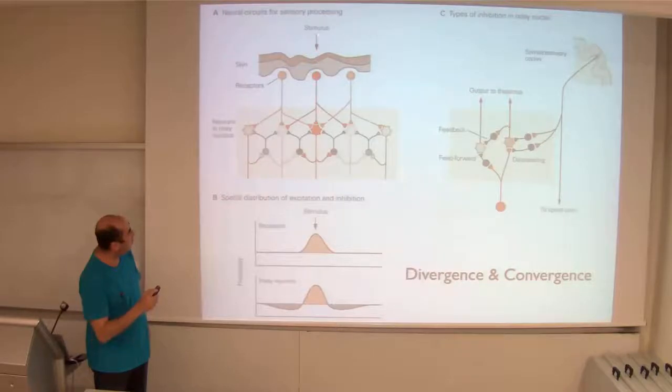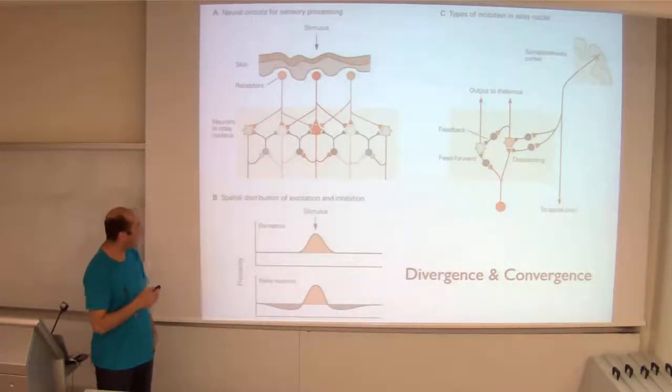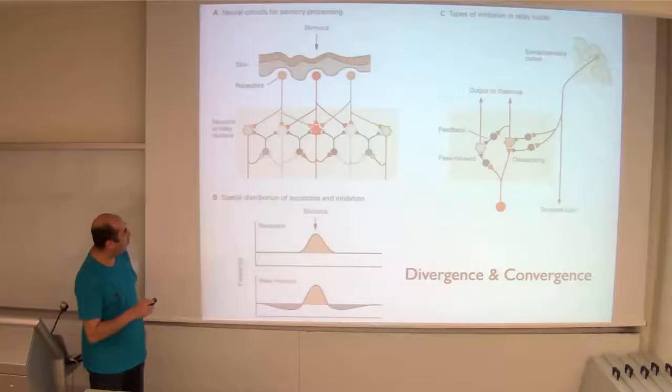So when this receptor is activated, all these three neurons would receive excitation. So this neuron would obviously be activated when this area is touched, but also when this area is touched, because it will get the information from other neurons that are less directly related to the area that it's connected to.